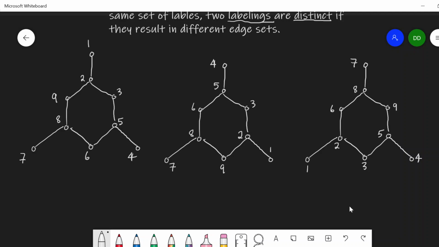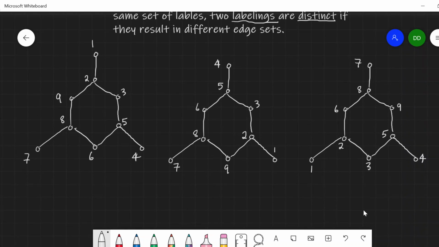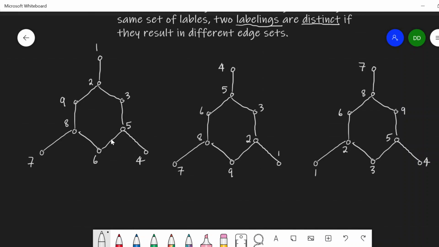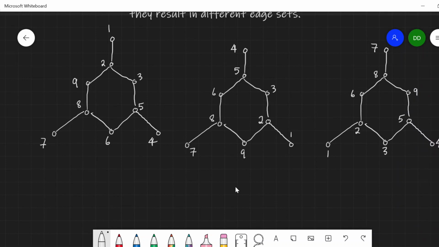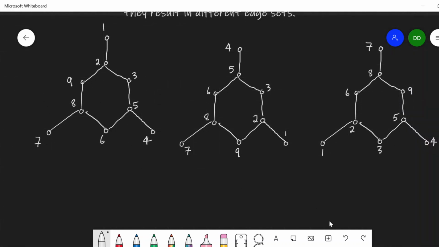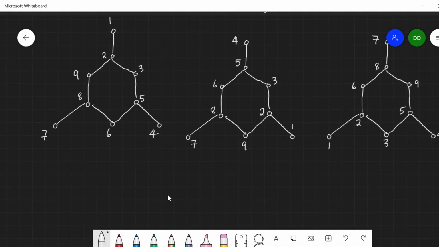And 2 of these are actually the same labeling. And so this actually accounts for 2 distinct labelings of this graph. So, right, we say 2 labelings are distinct if they result in different edge sets. So what we need to look for here to determine if 2 labelings are distinct is the resulting edge sets.